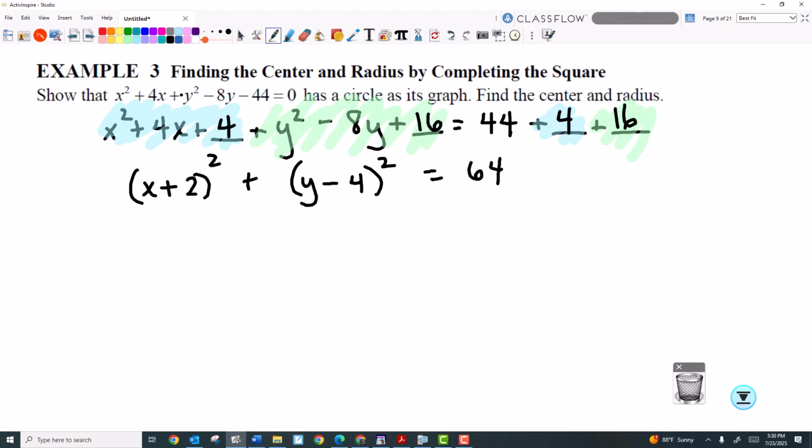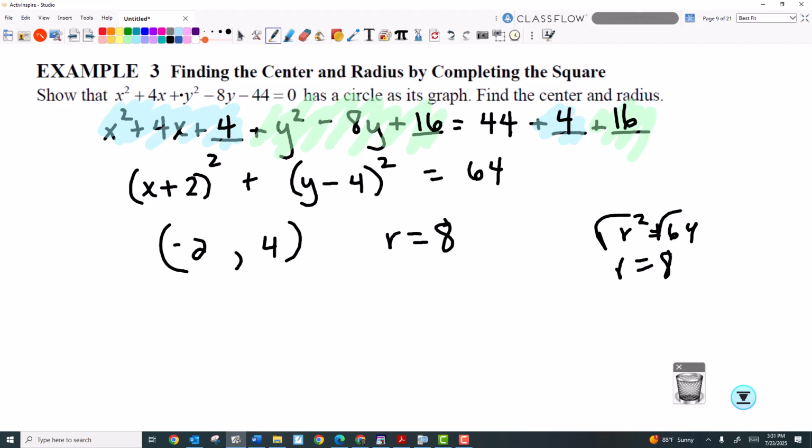And now you've got it in the HK form. So it's negative 2 comma 4. And my radius is, if r squared equals 64, then r is 8. Okay, so h is negative 2, so it's at negative 2, 4, and then 8.